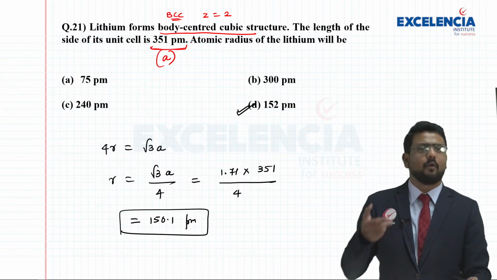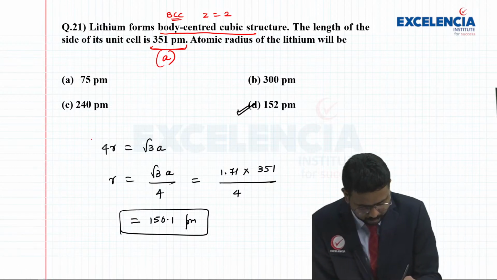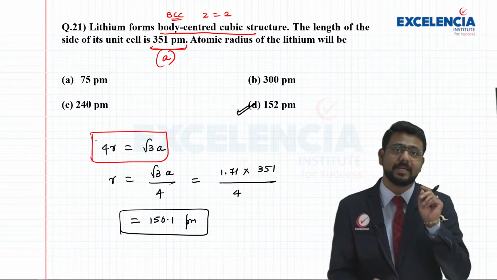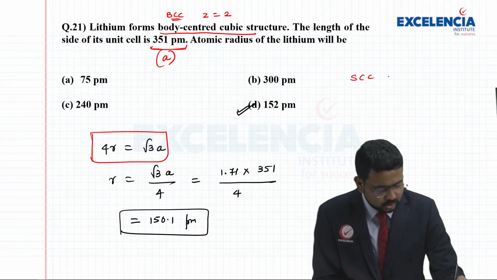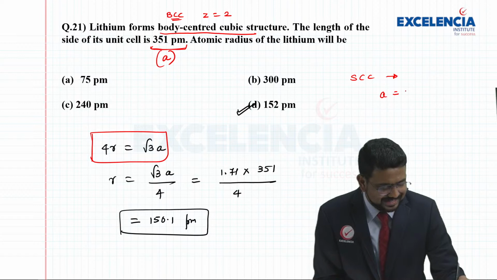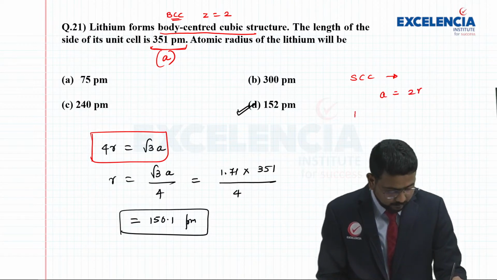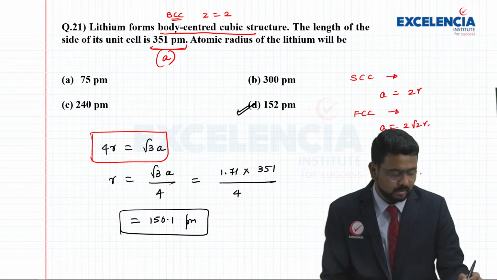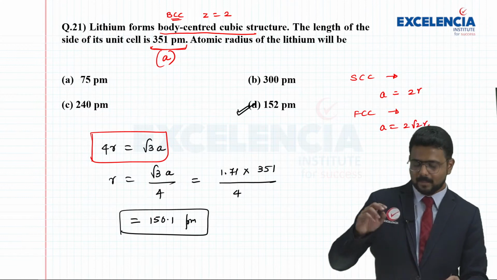Again, it is a direct formula-based question, but you should know the correlation between a and r as far as BCC is concerned. Similarly, for a simple cubic structure, we know that a is equal to 2r, and of course for FCC, a is equal to 2 root 2 r. Please make sure that you remember all these relations here, okay?